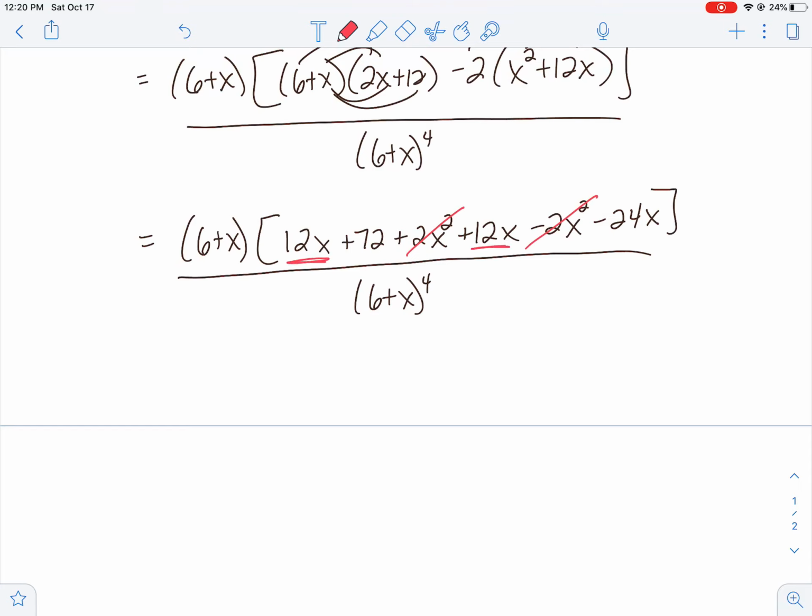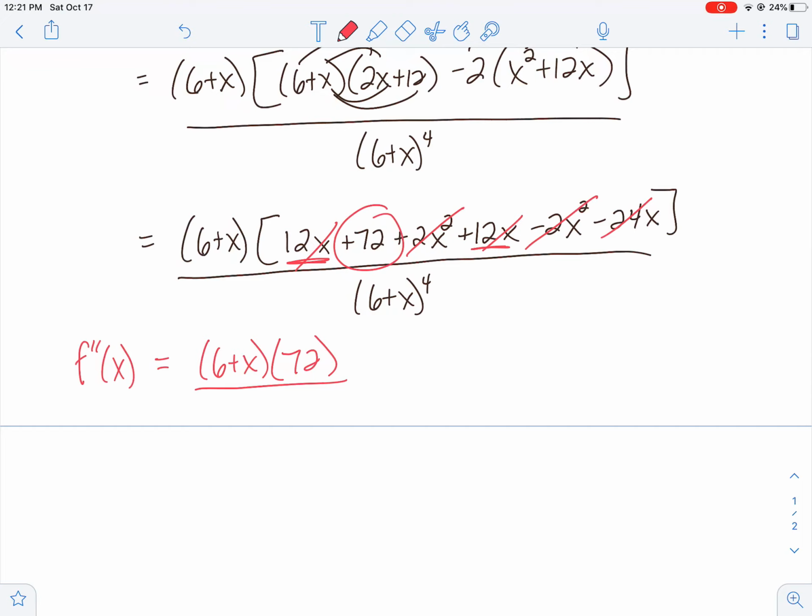I have a positive 12x plus a positive 12x, that's a positive 24x. With the negative 24x, those all cancel. And so it looks like in this second derivative, I have the 6 plus x, my GCF, and then I have a times 72. All my leftovers canceled except for that 72.